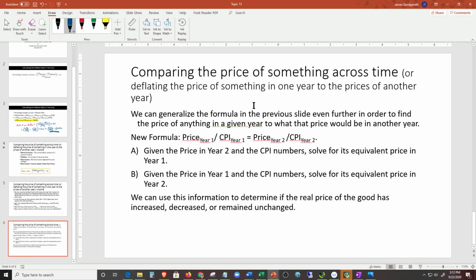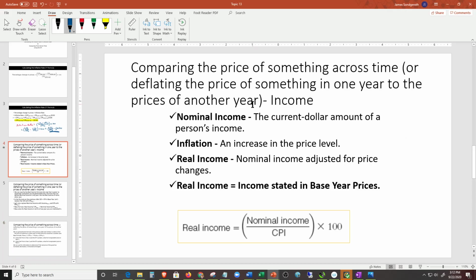Remind myself. Okay. So they also want to deflate things and state them in real terms. And basically you do that by taking the nominal price or nominal income divided by the CPI at the time the nominal income is observed, multiply it times 100, and you get the real income.